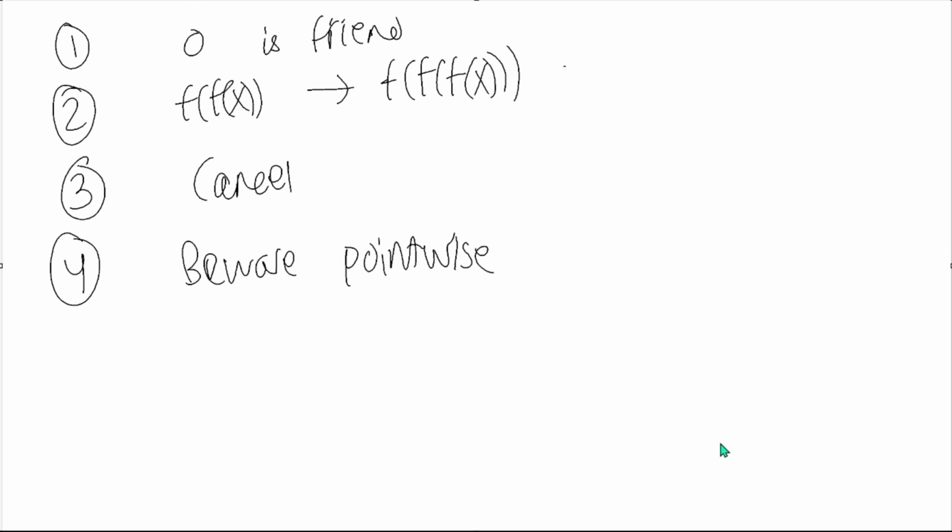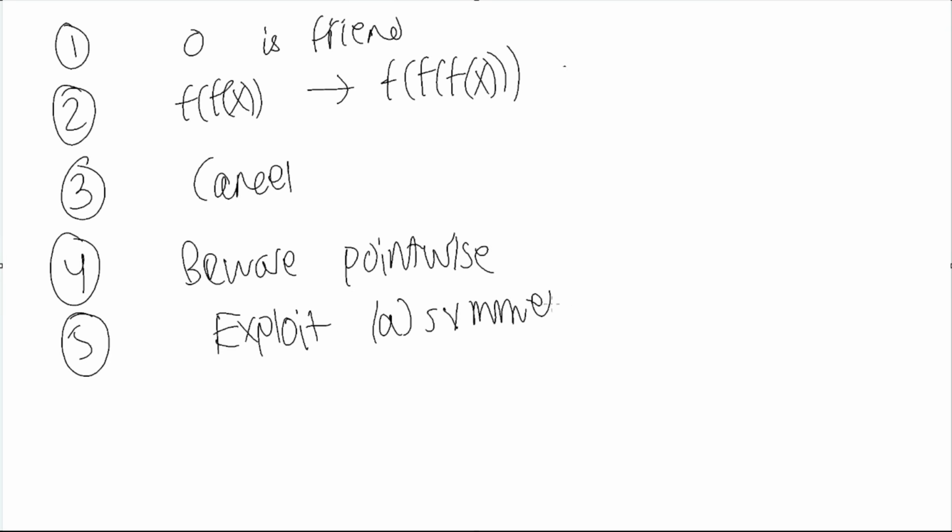Please be careful. And the other day I forgot the pointwise trap on a functional inequality I was faced with, so yeah, be careful. And the fifth thing is to exploit asymmetry. Meaning that if one side is symmetric and the other one is not, use that to your advantage, just like how we did in the simple solution.